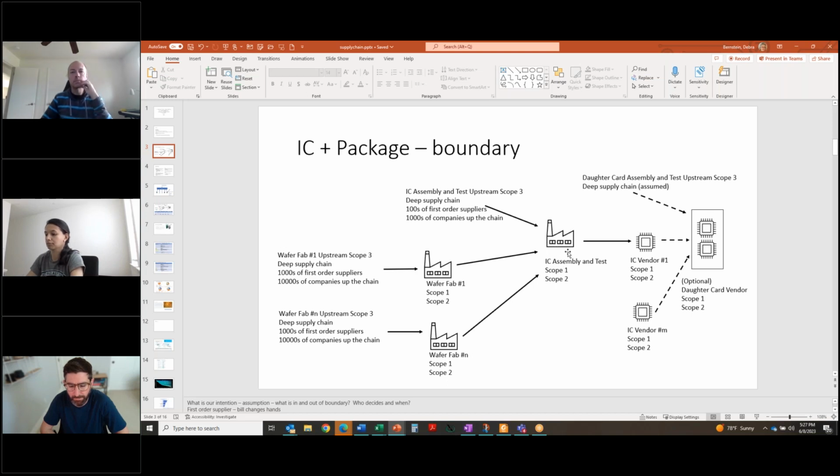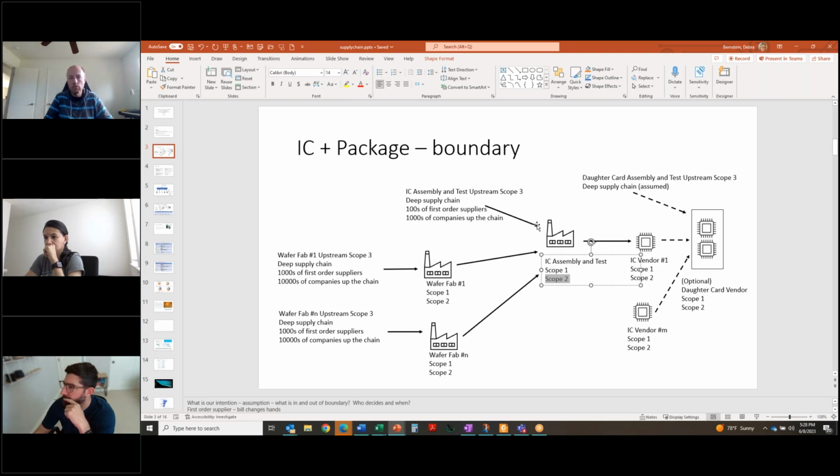This is where all of the wafers are taken together, as well as a substrate, as well as a heat spreader, as well as some other little jelly beans that need to be associated. And it's all soldered together at this step. This facility would have its own scope 1 and scope 2 that it needs to find some methodology to account for, and then some way to allocate it across the millions or perhaps billions of parts that move through that assembly and test every year.